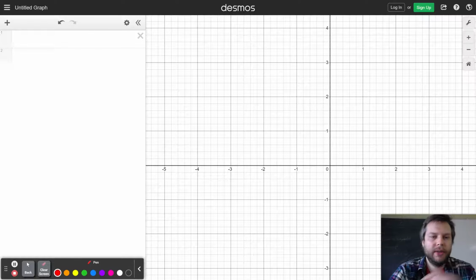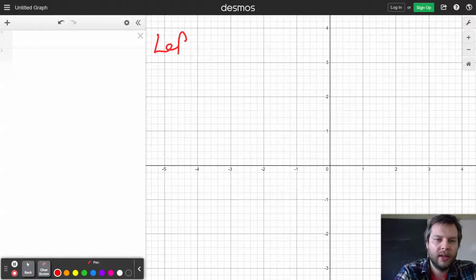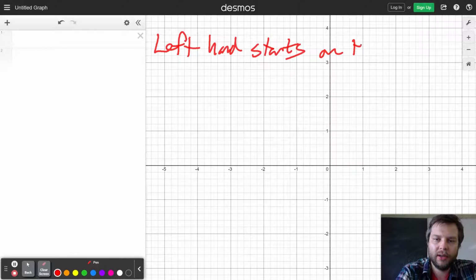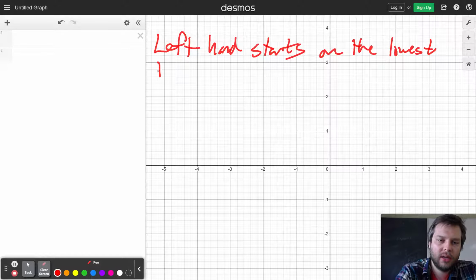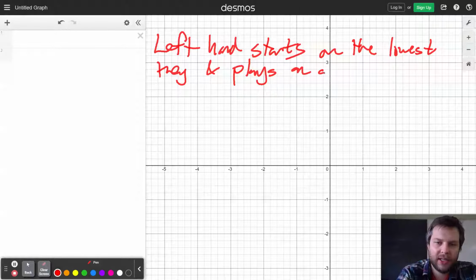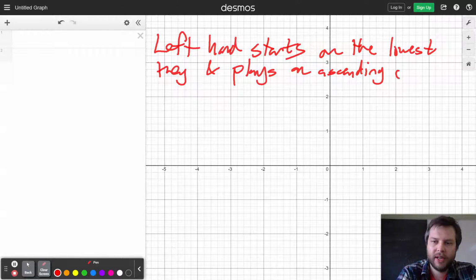And so let's write that down: the left hand starts on the lowest key, which is an A key, and plays an ascending, it's going up, chromatic scale.